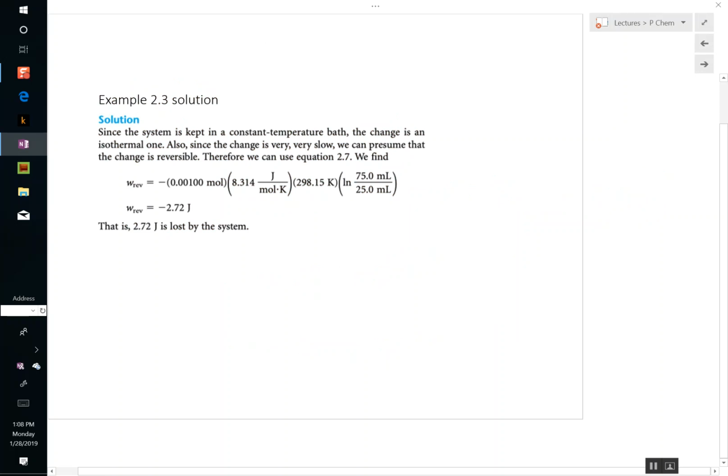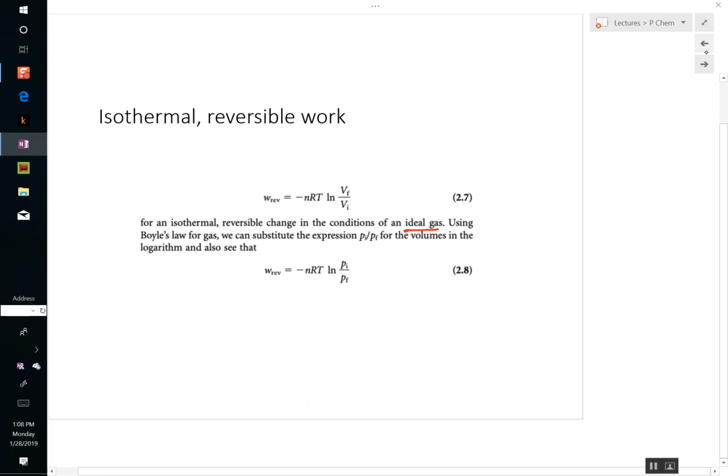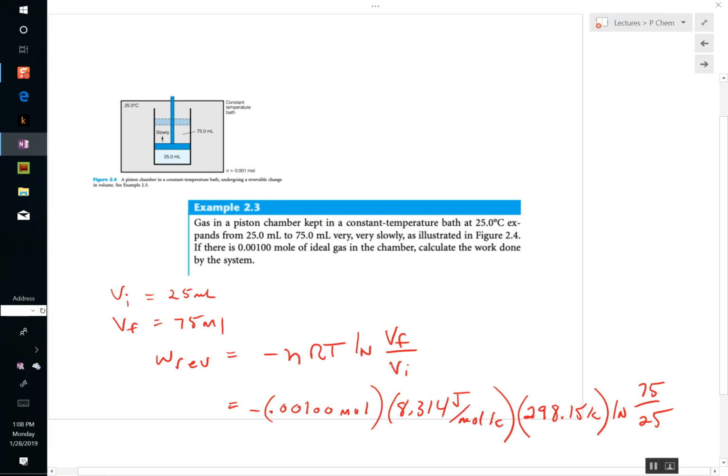And for the volume changes, if it is expanding, you get a positive for the log of the VF over VI. If it's contracting, you're going to get a negative for the log of the VF over VI. Wait a minute, what are we doing here? We are expanding.